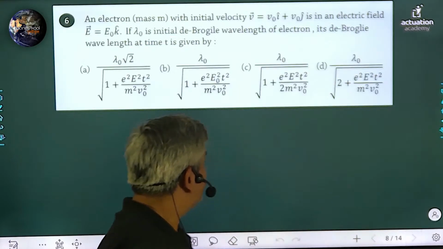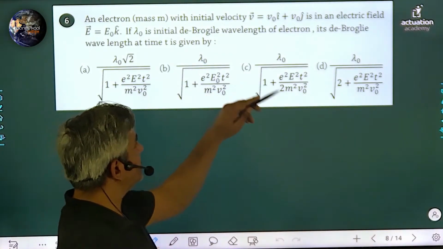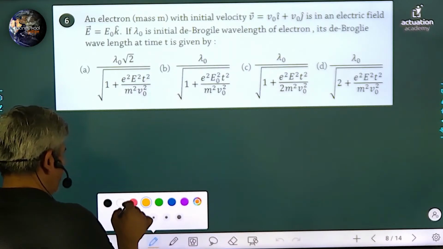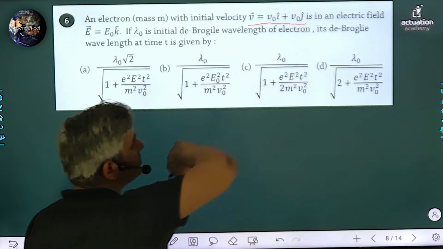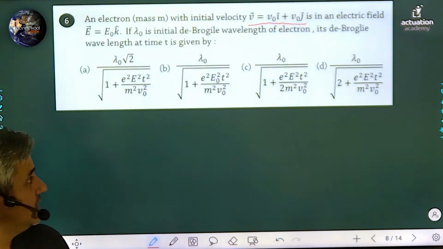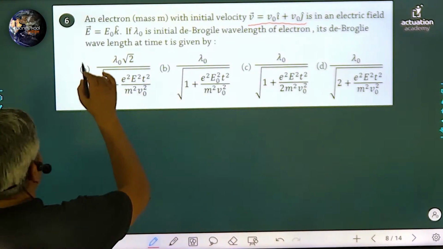Now let's move to the next question. Here again it is given that an electron of mass m with initial velocity v is equal to v0 i cap plus v0 j cap is in an electric field of E0 k cap.